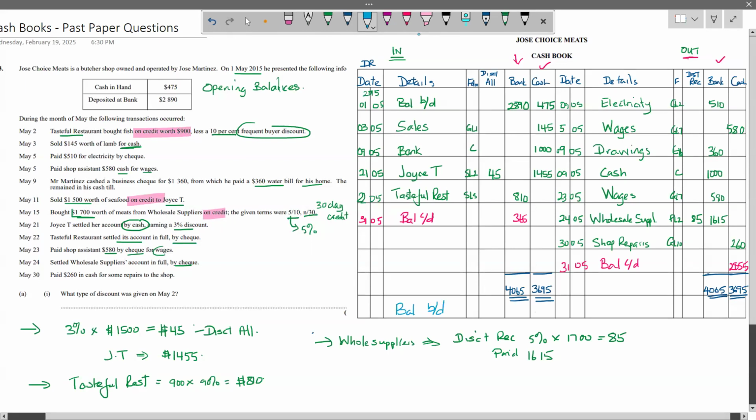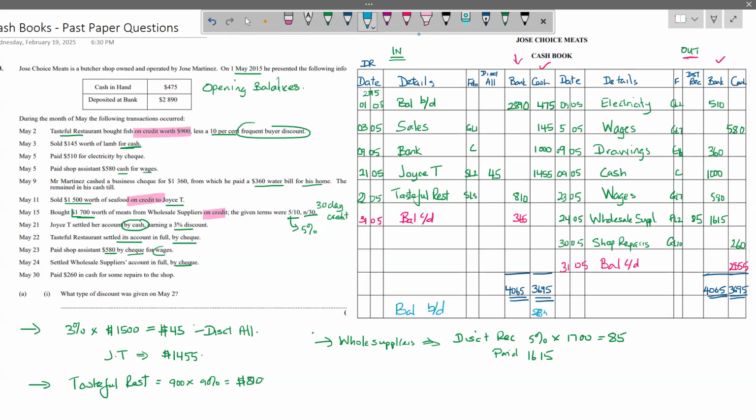Right, remember to put it in the correct column, 2,855. And then this one, which is on the debit side, has to go on the opposite side, which will be here, 365. And all of this is happening in the following month, which will be June 1st. Right? And this is our completed cash book. Right? Completed cash book balanced.